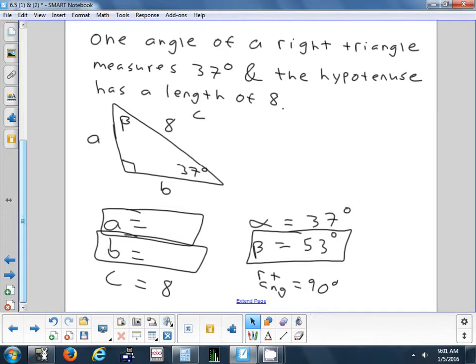All right. Now you have a choice of which angle you could use. I said we're not going to use the 90. You could either use the 37 or you could use the 53. Which angle do you think would be a better choice? Which one? 53?